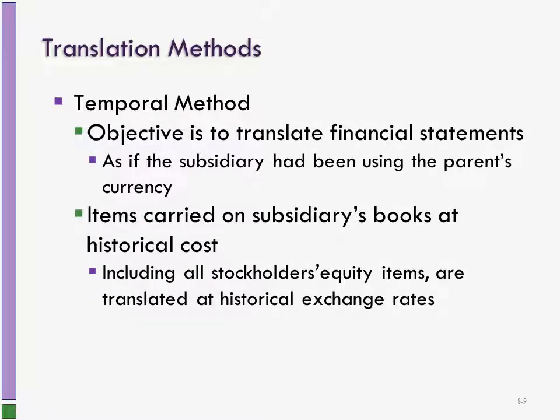The third method is the temporal method. The basic objective underlying the temporal method is to produce a set of parent currency translated financial statements as if the foreign subsidiary had actually used the parent currency in its operation.